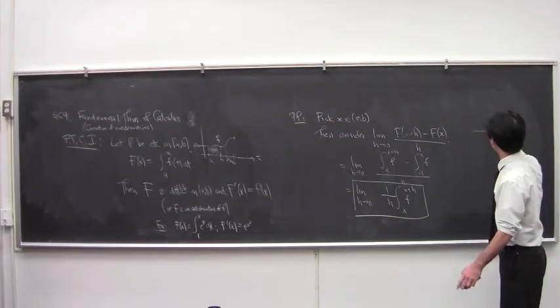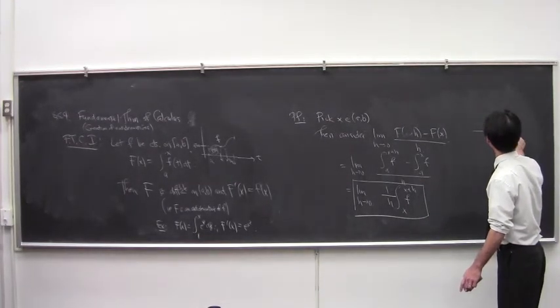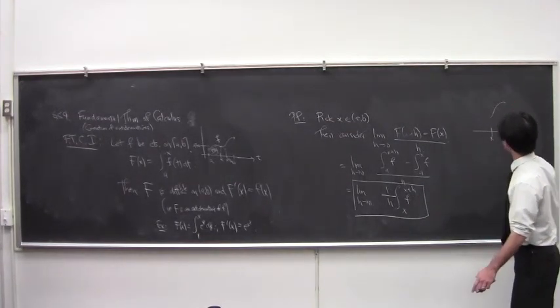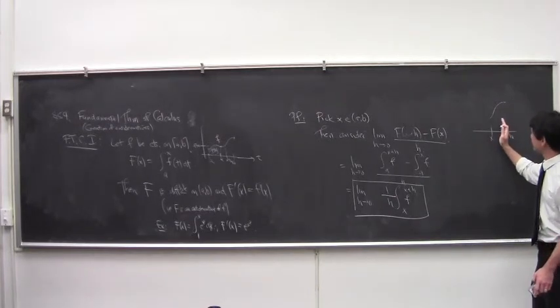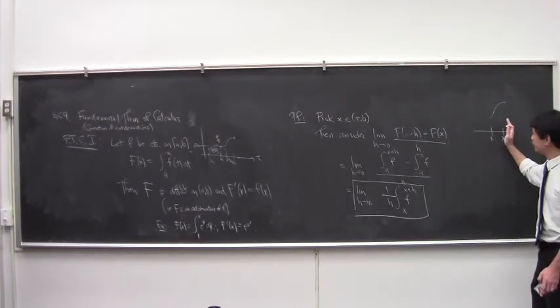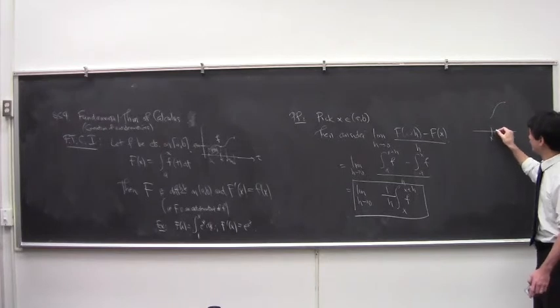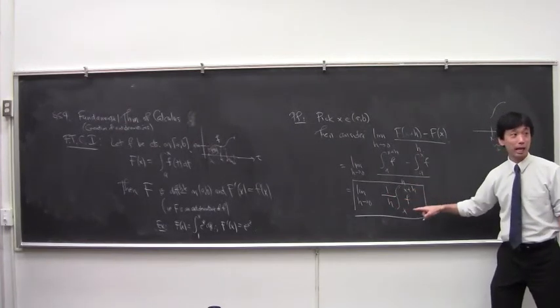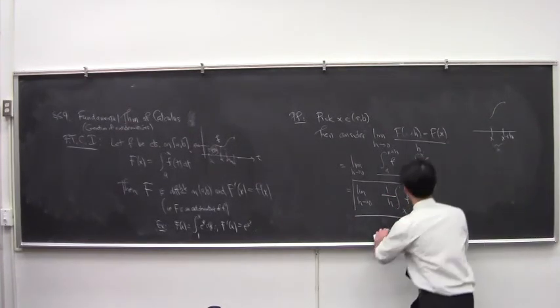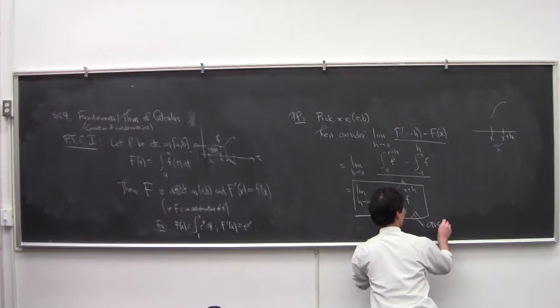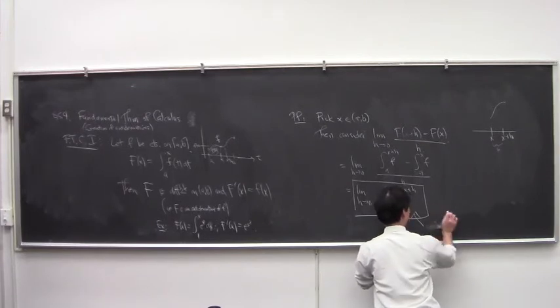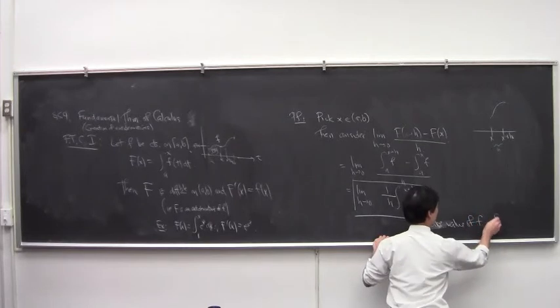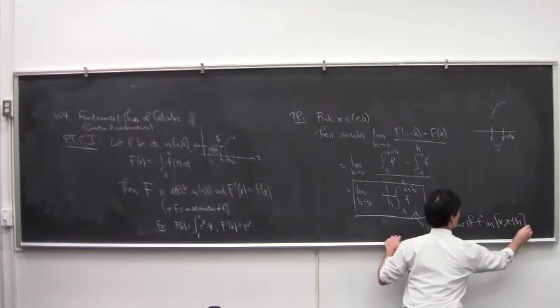Look at this: you have x plus h, right? You have the function here, and x plus h shrinks in. H is shrinking in, and you're dividing by the width. So this is the average value, the mean value of f on x plus h.